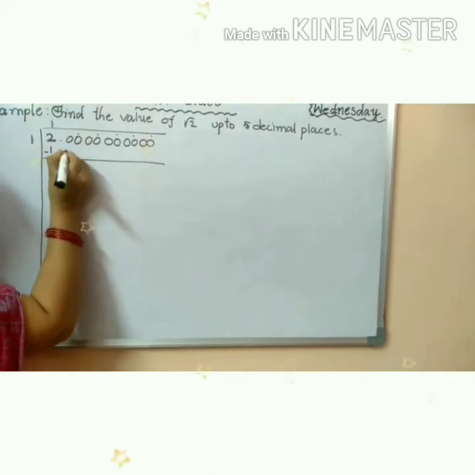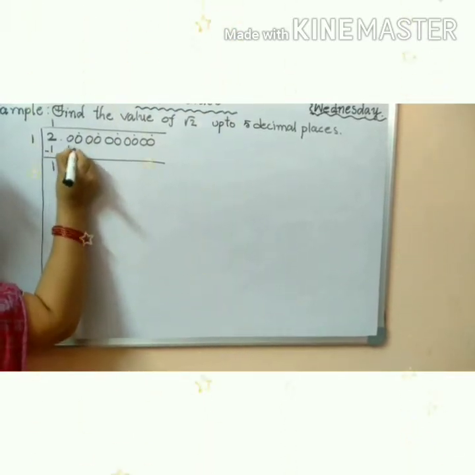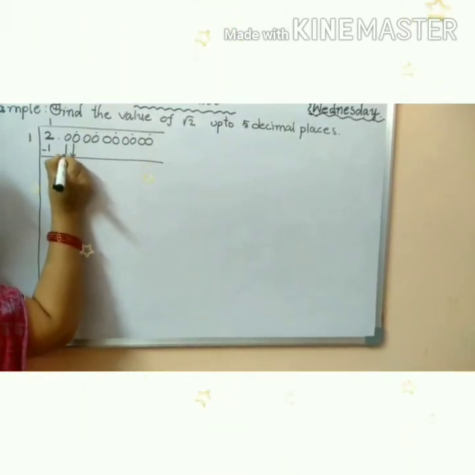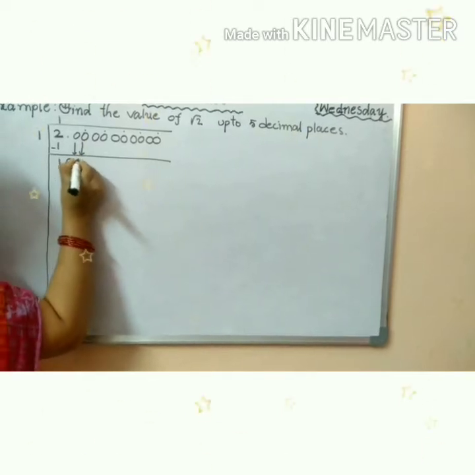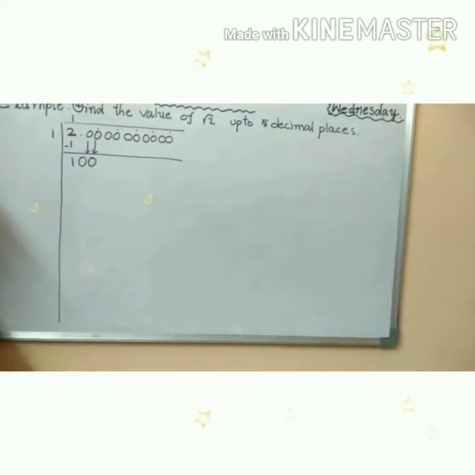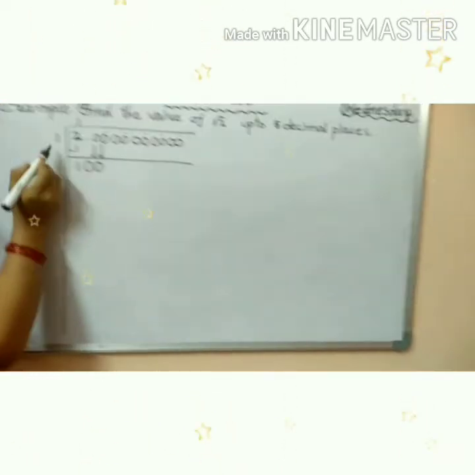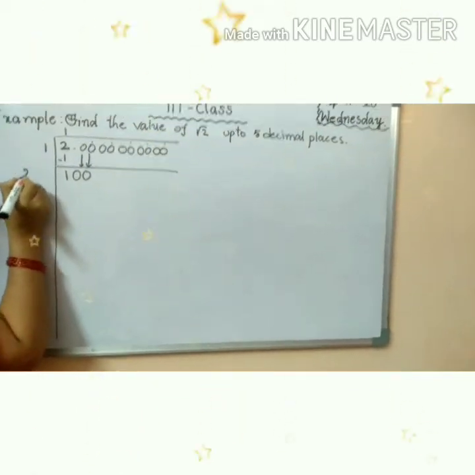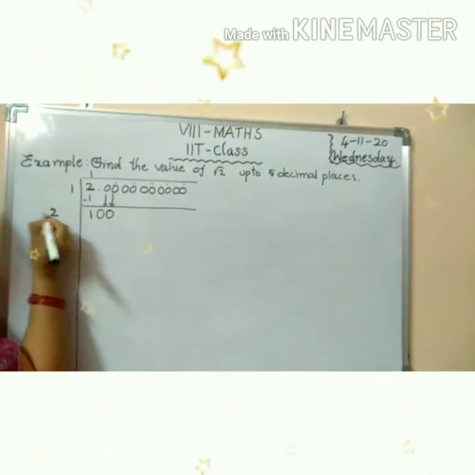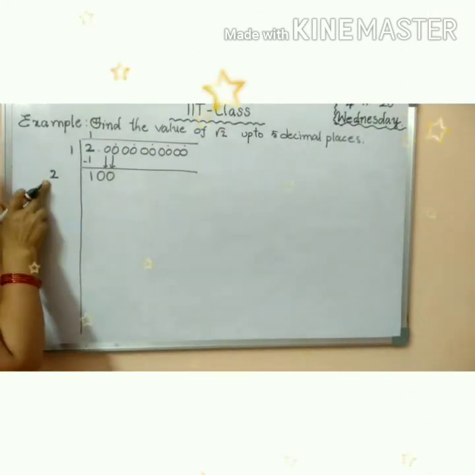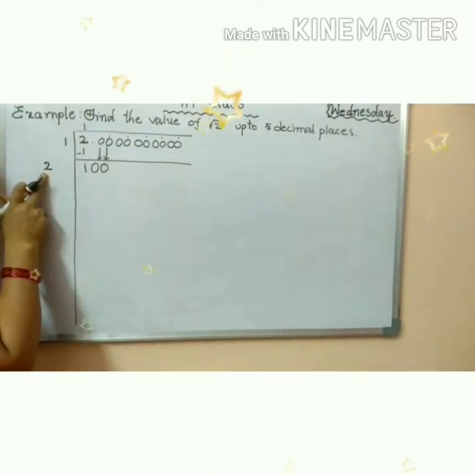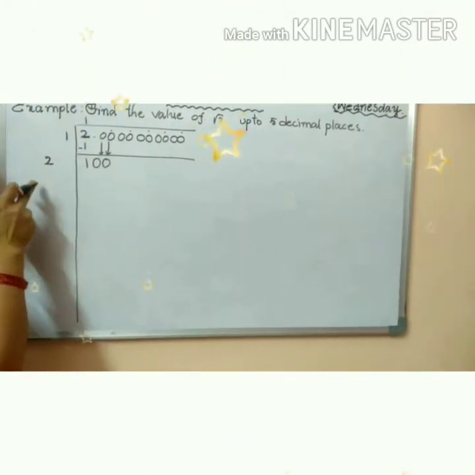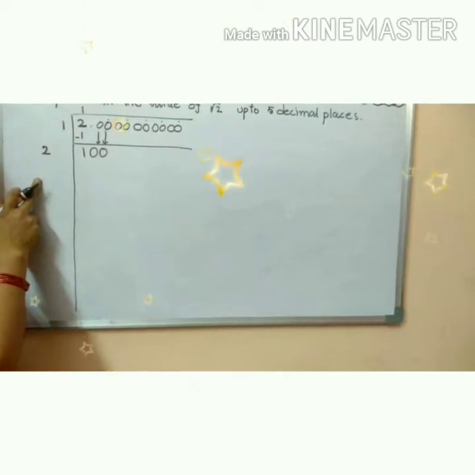So now bring down the first decimal pair, 00. Now in this case, take the 1, and every time you have to take the double of the number. So in this place we take double the number 1, which is 2, and another place is beside it.